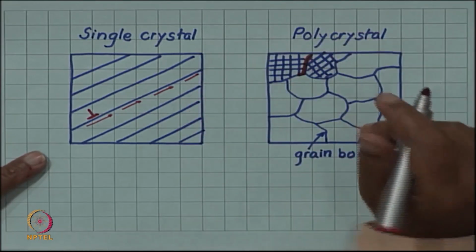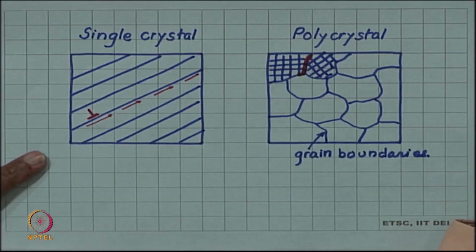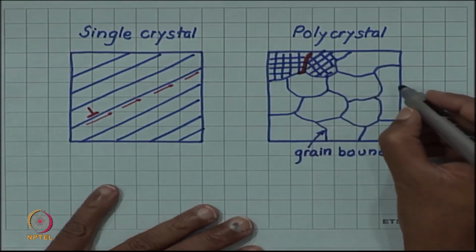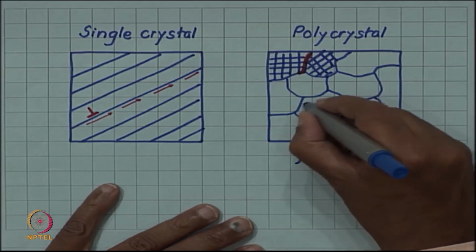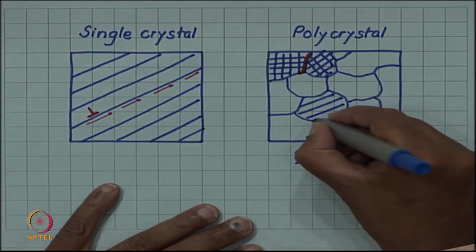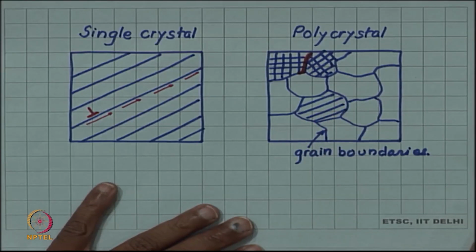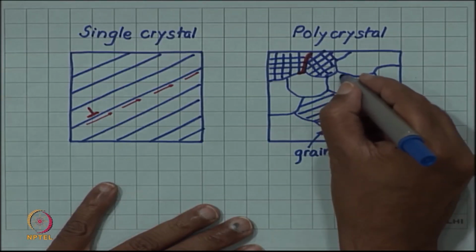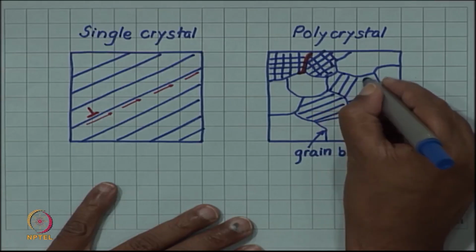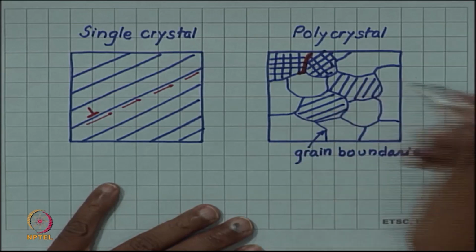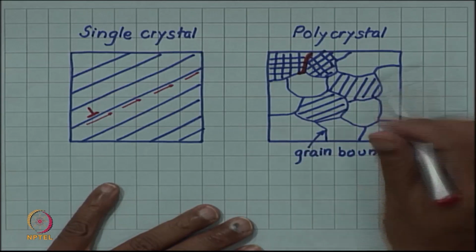where it will create a Burgers vector step. But if you look at the same situation in a polycrystal, and I draw a particular set of slip planes, the slip plane continuity is broken at the grain boundary, because the orientation of the planes in the other grain is different. So, a slip plane will not continue into another grain.